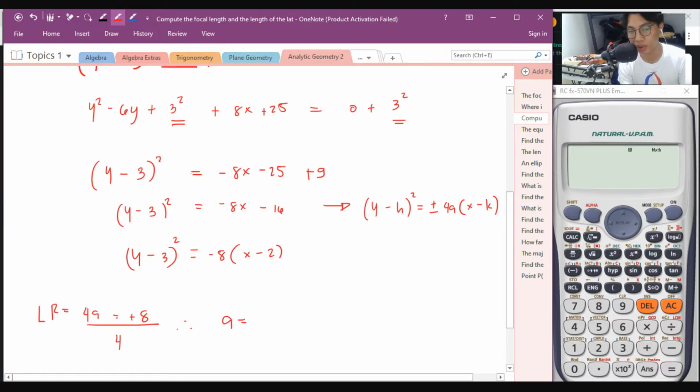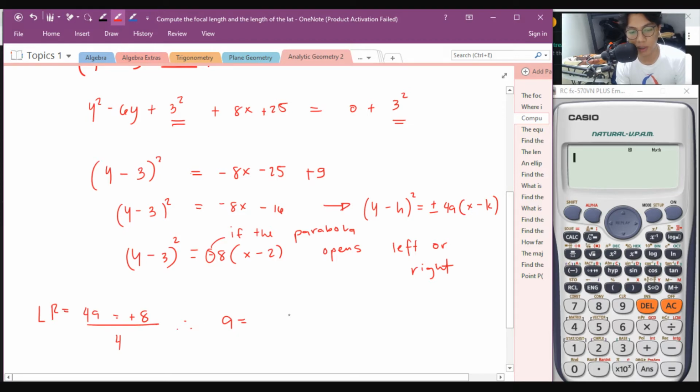Yung sign na tong negative, ito magsasabi if the parabola opens. Kapag y, I think this is left and right. Yan yun. Itong sign na to.